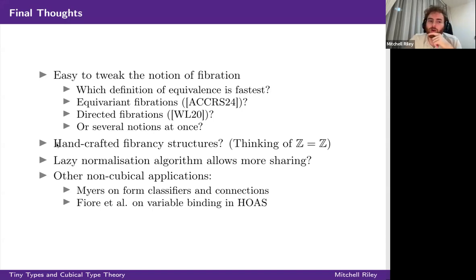I would be interested to know if you could handcraft some proofs that glue is fibrant for specific situations that work better. So what I have in mind here is the first thing you do in synthetic homotopy theory: you prove the successor is an equivalence on the integers, and you get a path from the integers to itself.